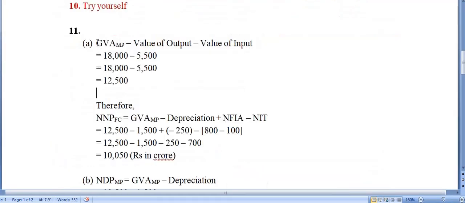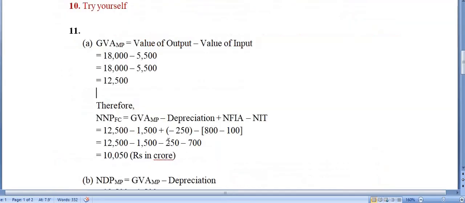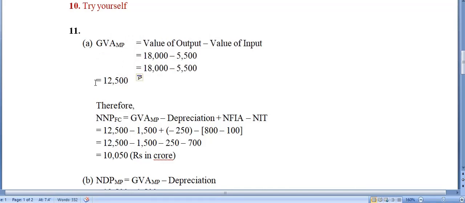Now you will use the formula of the product method. You know, GVA MP equals value of output minus value of input.